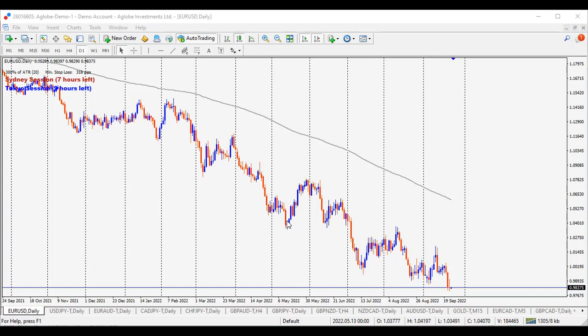There is a prevailing value of a particular currency at a particular time. For instance, where it is right now, the current price is 0.9817. For us as price action traders, we seek to sell this market at a discount.